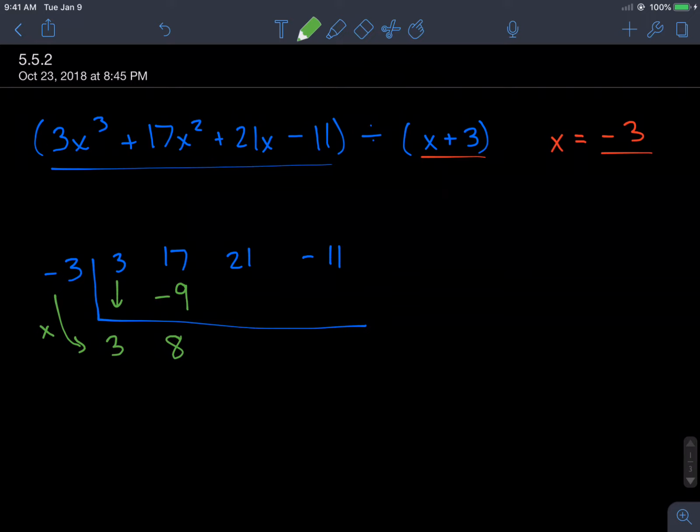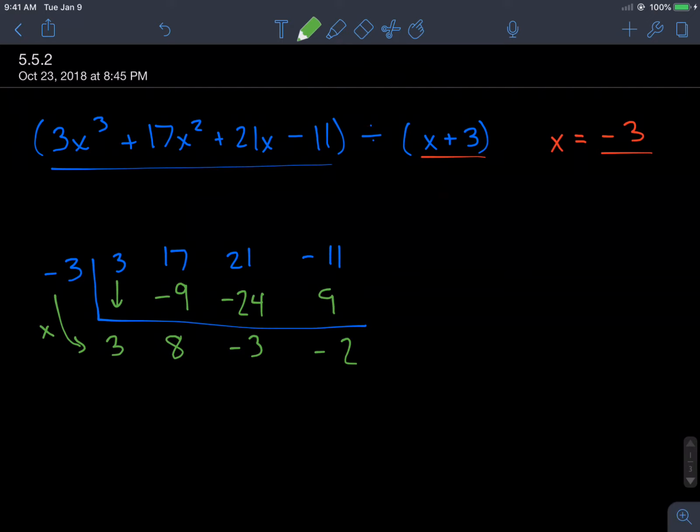We take that 8, multiply by the negative 3. So negative 3 times 8 is a negative 24. 21 plus the negative 24 is negative 3. Negative 3 times the negative 3, so again we go back to the far left, that's a positive 9. And negative 11 plus 9 is a negative 2.